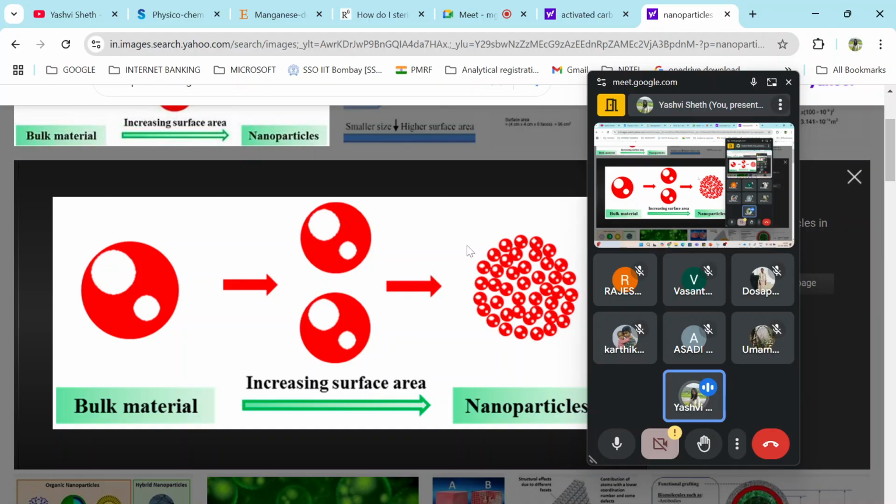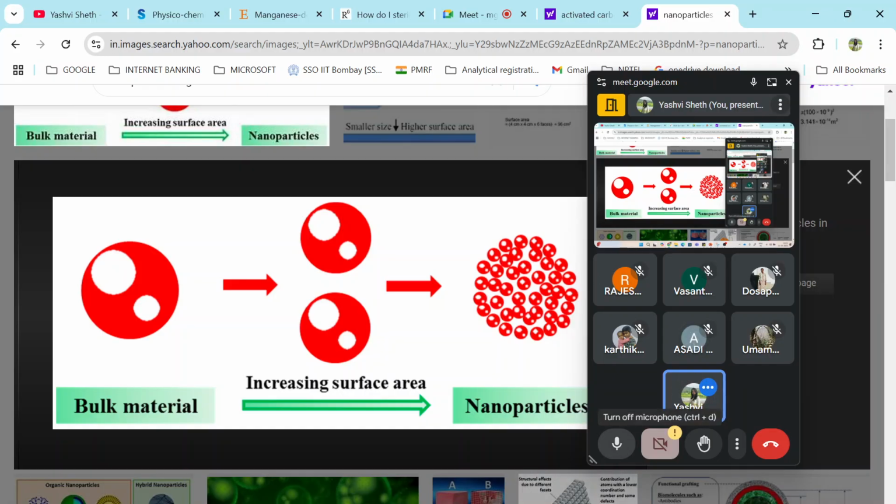In that case, you are increasing the surface area, and higher the surface area, the more exposure the nanoparticles have with the matrix in which they are present. Here our matrix is wastewater. So if I'm using nanoparticles as my adsorbent, it will have high surface area, which means it will enhance the efficiency because more of its area is exposed to water and hence more active sites.